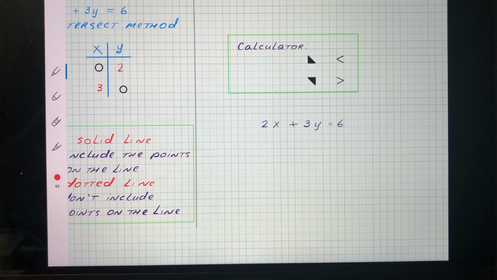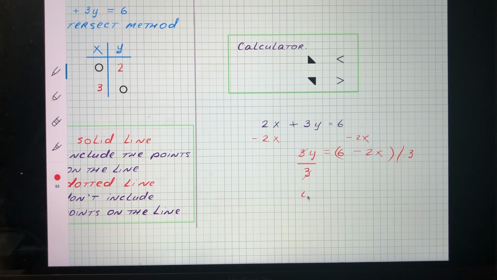To do this, we need to undo 2x, and we do it by subtracting 2x from both sides. That makes 3y equal to 6 minus 2x. To cancel multiplication by 3, we divide every term by 3, and we can simply divide the right side by 3 like so.